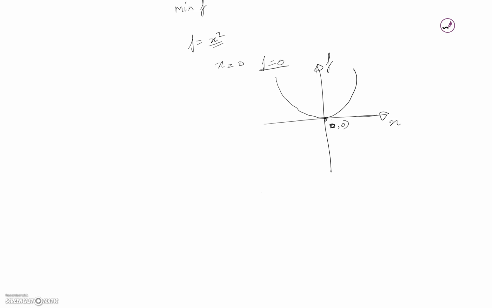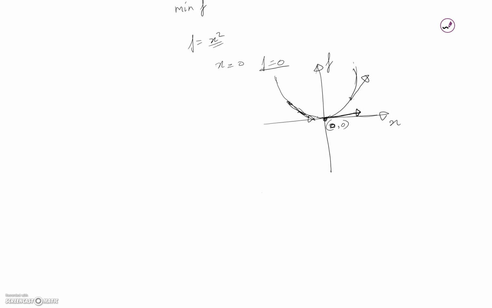The f is 0, x is 0, and I'm sure we all know that the reason that the origin minimizes this function is that the tangent here is parallel to the x-axis. In other words, the derivative of the function is 0, and that doesn't hold for any other point.